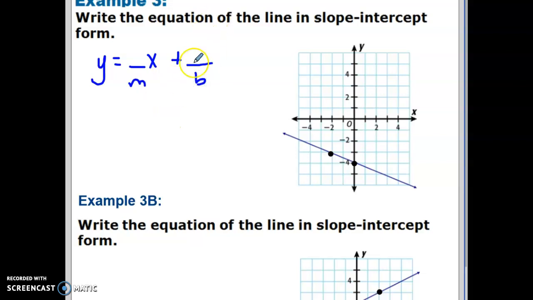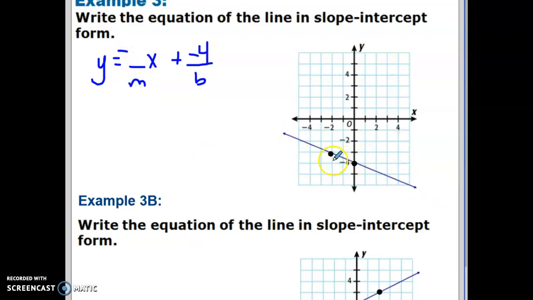So we're going to start here and we're going to write down what the y-intercept is. That's what b is. So I put my pencil on the y-axis and boom, right there. It touches the y-axis at negative 4. So my y-intercept is negative 4. And then my slope is m, and it's negative because it's going down from left to right.